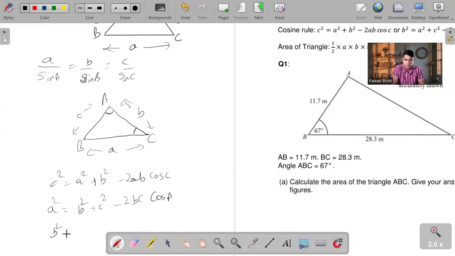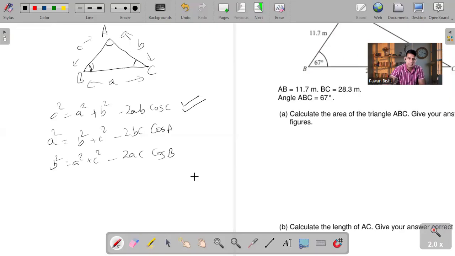So b square equals a square plus c square minus 2ac cos B. These two sides are involved and the angle between them is involved. Okay. So if you don't want to remember three formulas, it's better you remember the first one. That will be easier. Okay.